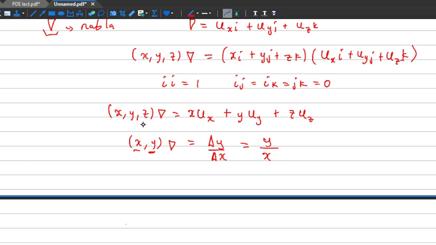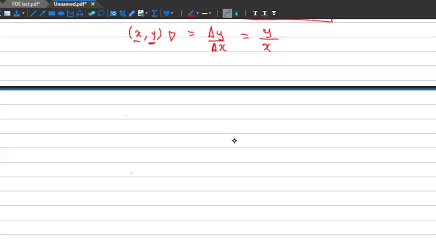If we have a PDE in this form, we can simply write it as the change in y over the change in x, if it is homogeneous. So we see directional derivatives helping us solve PDEs. If you have a PDE like this, you write it in directional derivative form: the change in y you equate with y, the change in x you equate with x, and you try to solve the system.